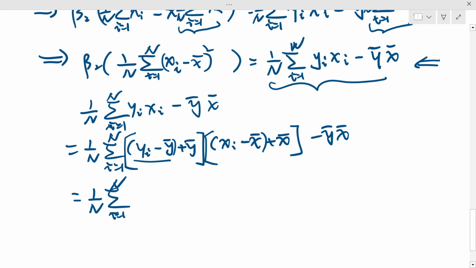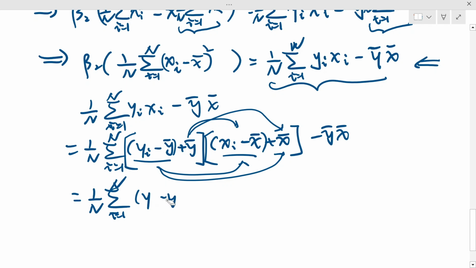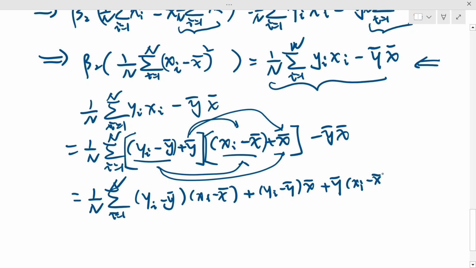Okay, this term modifies these terms, then these terms modify these terms, and this term modifies these terms. Okay, so we get yi minus y bar times xi minus x bar plus yi minus y bar times x bar plus y bar times xi minus x bar plus y bar x bar. That's all the terms we have, minus y bar x bar.